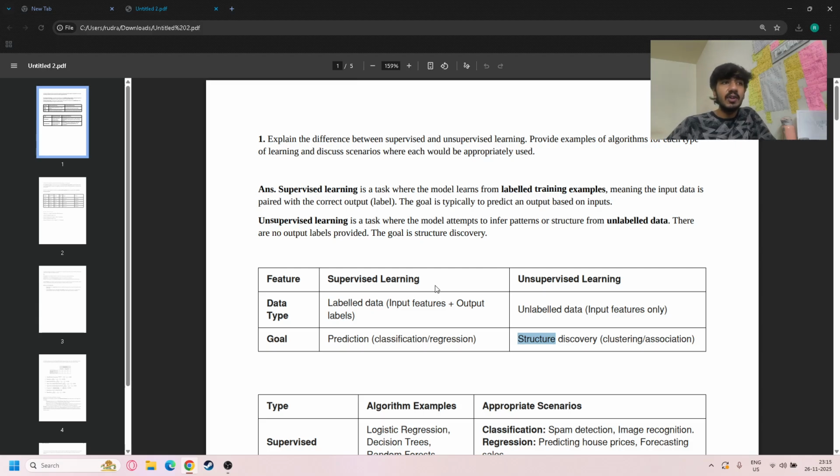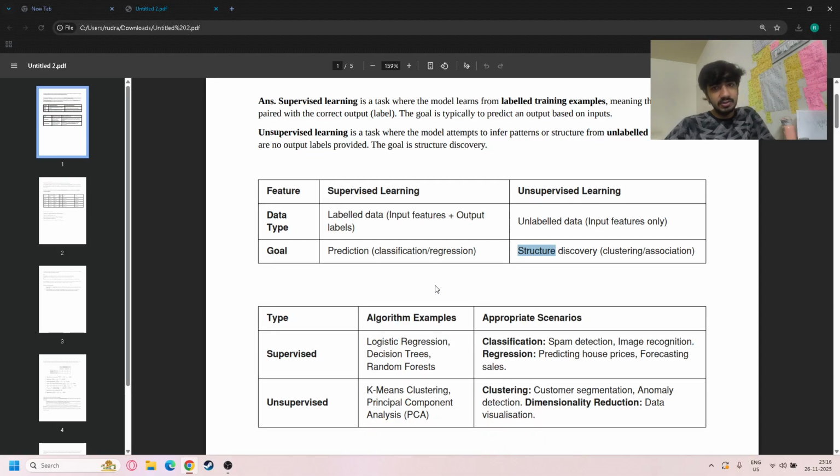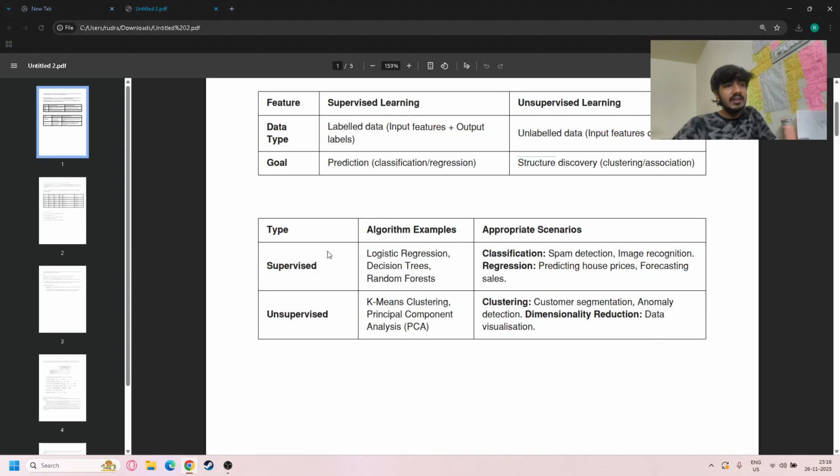Now examples of algorithms and where we use them. We also need to know how and when to use them, right? So in supervised learning, we can use decision tree, random forest, or logistic regression. In unsupervised learning, we can use k-means clustering or PCA, the principal component analysis.